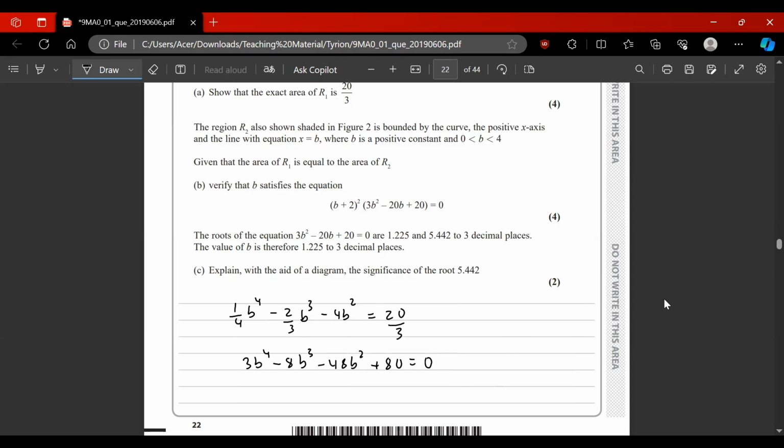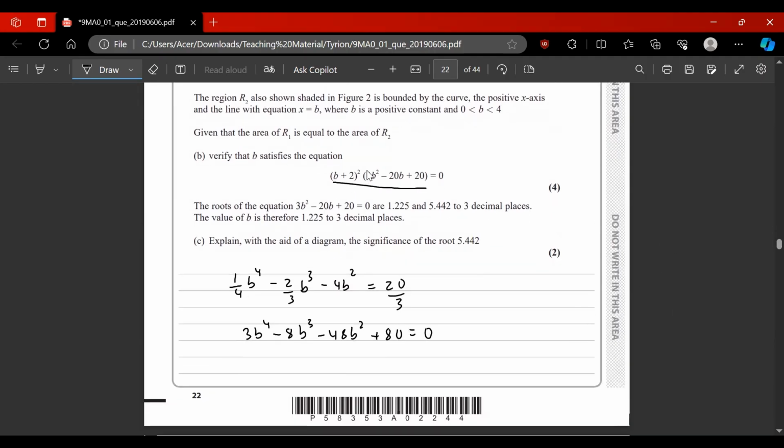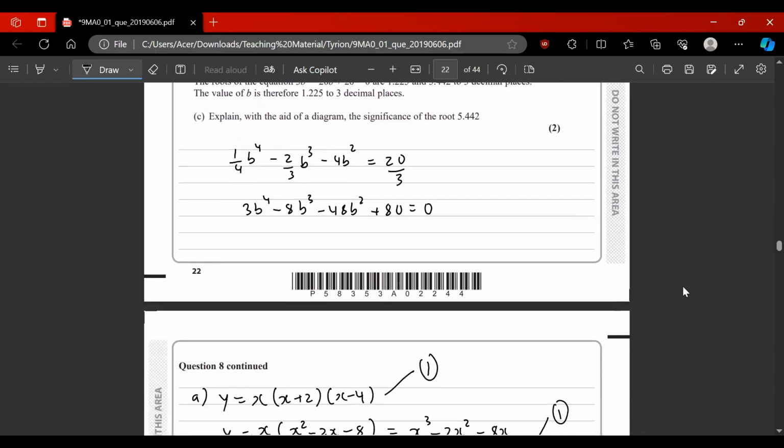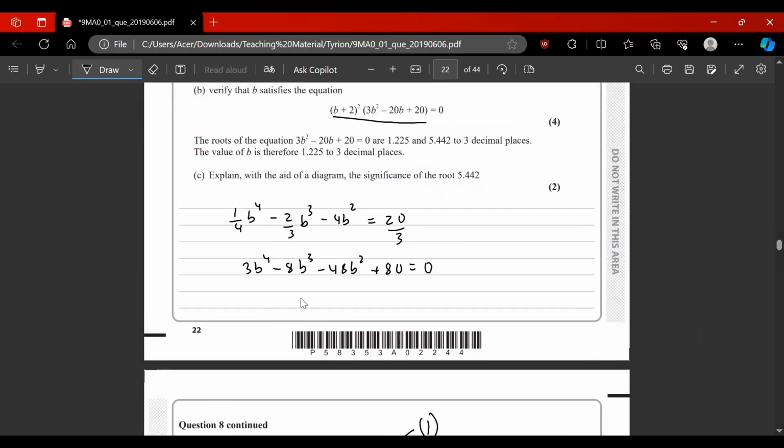Once we come to this, remember we are supposed to factorize it in a way that we get this expression. Here we know b plus 2 is one of the factors. We can test this by substituting this value into our expression and seeing what we get. When b is equal to minus 2, we get 3 times (minus 2) to the power 4 minus 8 times (minus 2) cubed minus 48 times (minus 2) squared plus 80 is equal to 0.